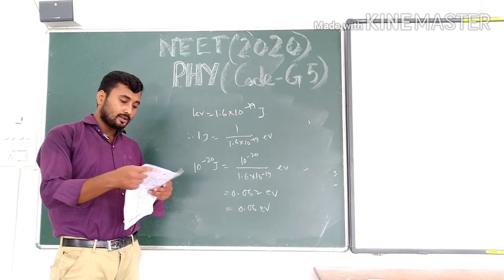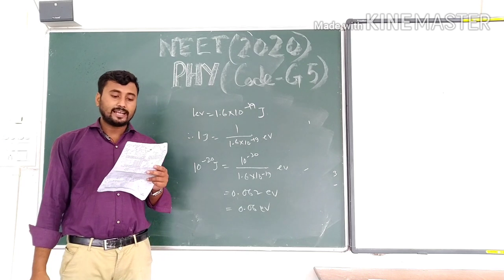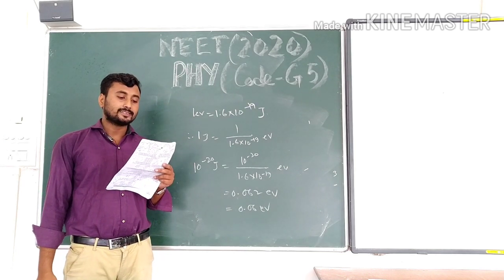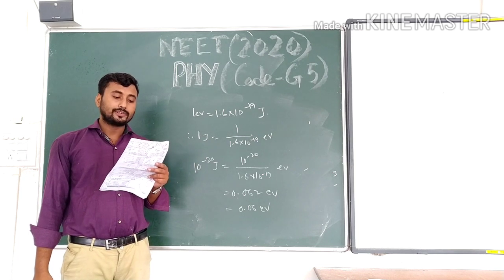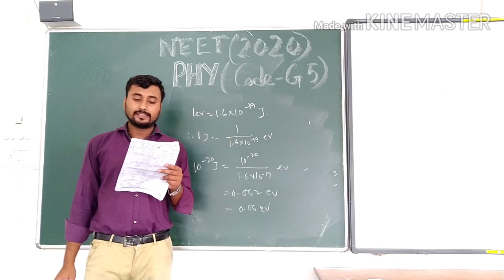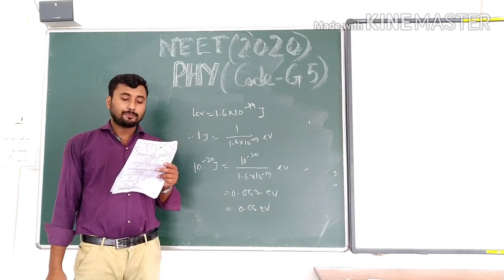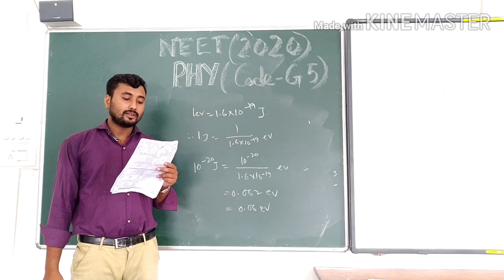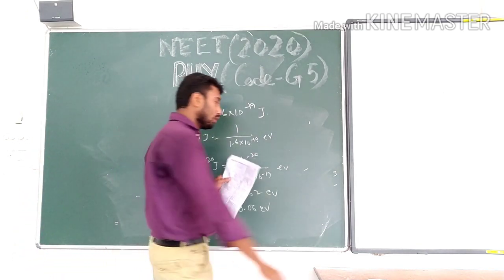Okay. Next question. Two strings A and B made of the same material are slightly out of tune and produce beats of frequency 6 Hz. When the tension in B is slightly increased, the beat frequency increases to 7 Hz. If the frequency of A is 530 Hz, the original frequency of B will be.